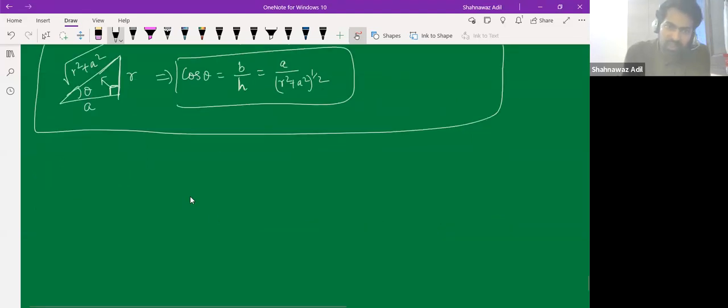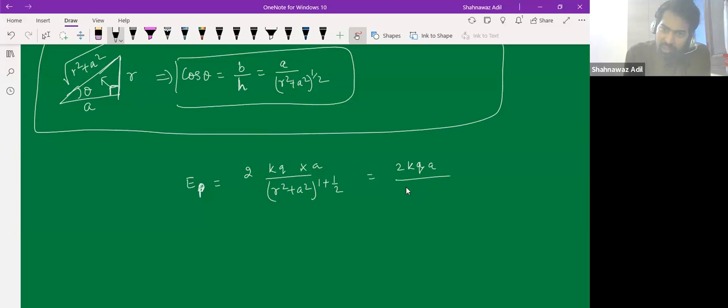If I solve this one, this is 2 KQ by, and this was A, and this is R square plus A square to the power 1 plus half. So this would be KQA divided by R square plus A square to the power 3 by 2, right, guys? Is that correct?